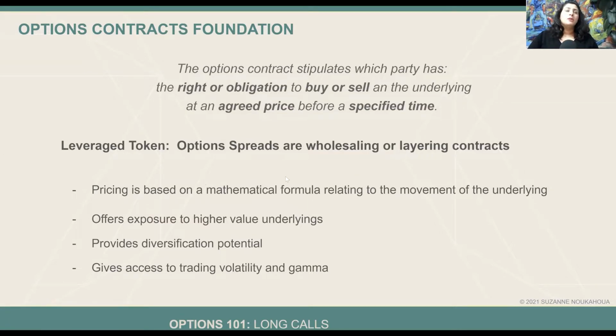And options give people with a smaller account exposure to underlyings that are maybe too expensive for them. So things like Google or Amazon or Shopify that are up in the thousands of dollars, and you might not be able to buy 100 shares of Amazon, but you may be able to afford a contract, which just gives you that exposure for a smaller window of time.